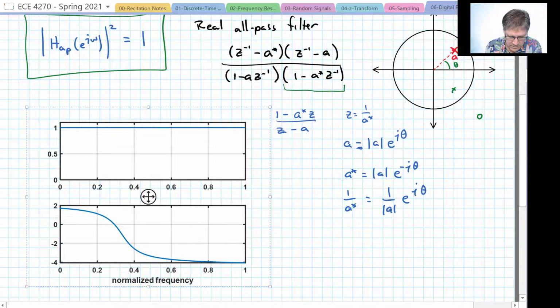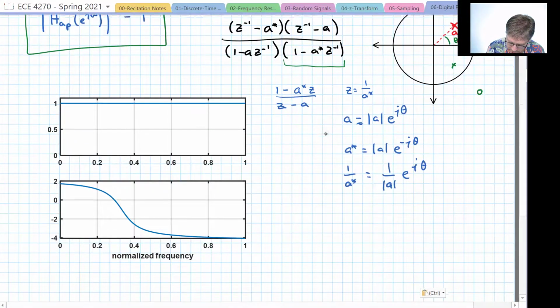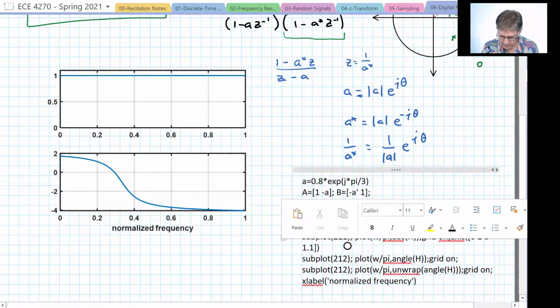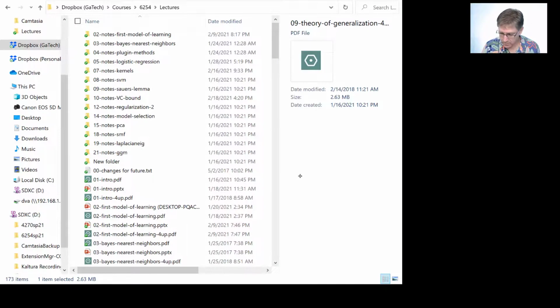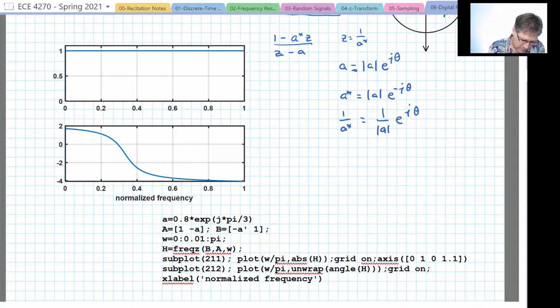Here's an example of an all-pass filter, and it was created using this code. Let's paste it in there from MATLAB. In the upper plot we have the magnitude of H(e^(jω)).